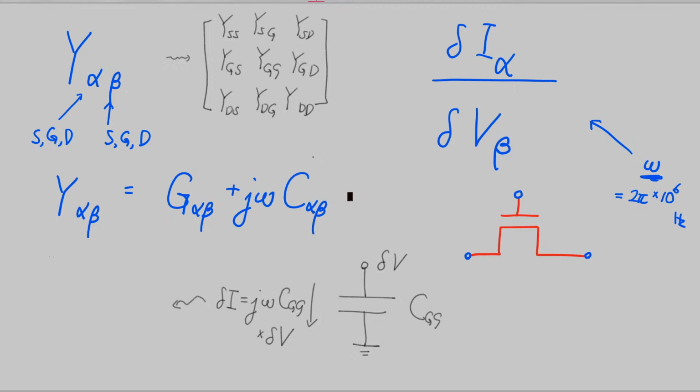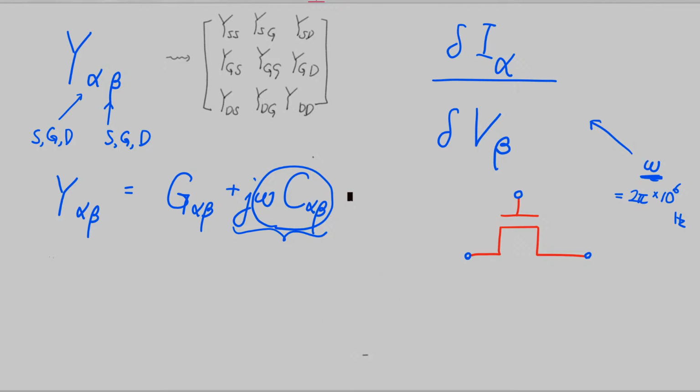Of course, here we have the imaginary part, so the imaginary part of the Y parameter will be given by omega C sub alpha beta. So now we can calculate it.